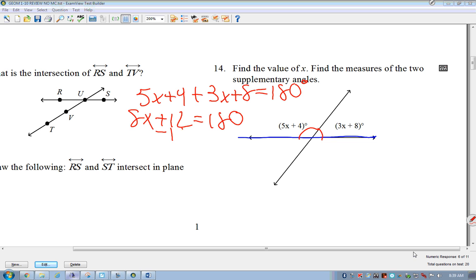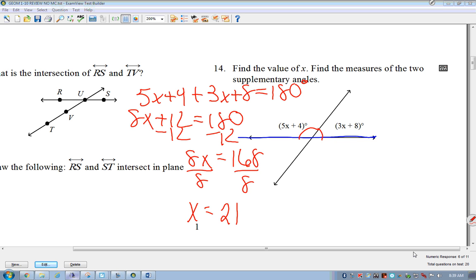Subtract it from both sides. What's 180 minus 12? That's probably going to be like 168. 168. Katie, what do I do with the 8? Divide on both sides. What's 168 divided by 8? What's that? 21, is that what you said?